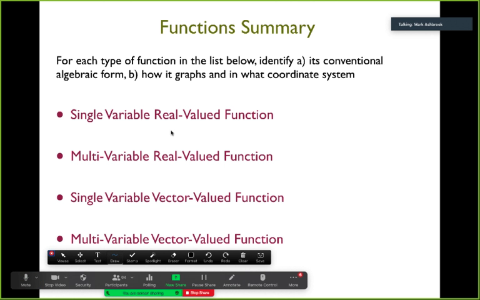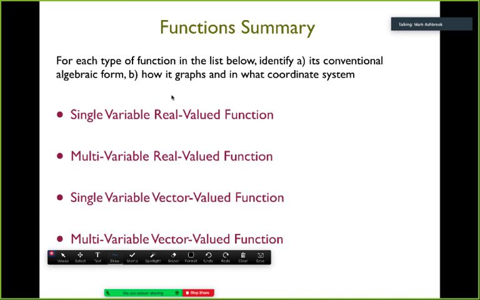This first type is single variable real valued function. One of these two things pertains to the independent quantity in the function, and one pertains to the dependent quantity. All functions have something going in, and the function then gives you something back. The independent quantity is what goes in, so would that be our single variable or our real value?